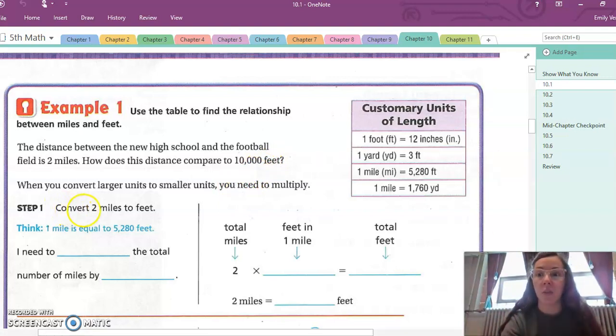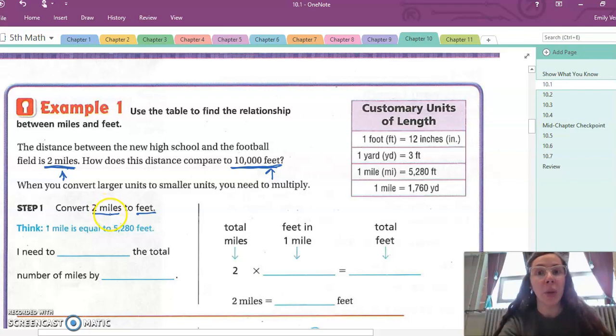Okay, so it says convert 2 miles to feet. And they got those units because here they said, it's 2 miles away, and we're comparing it to 10,000 feet. So we're looking at miles, and we're looking at feet. Okay? When I have miles to feet, which of those units is the big unit, and which one is the small unit?